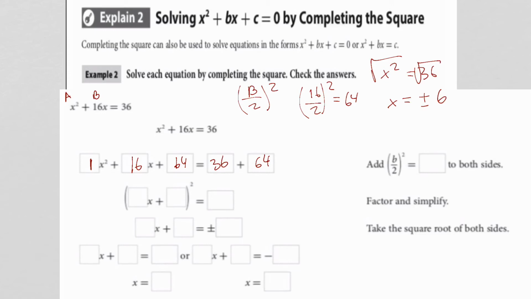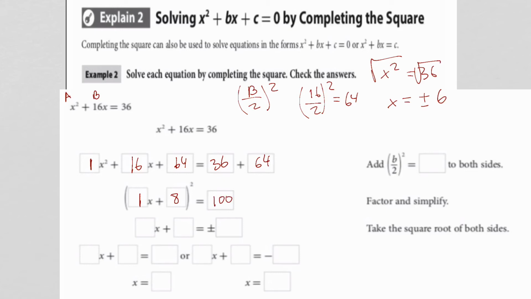And you'd be like, well, why am I doing this? Well, this is where it's going to come in handy. So x squared plus 16x plus 64 now can be factored. This is going to be 1x plus 8, essentially squared. And all that's equal to the sum of 64 and 36, which is 100.